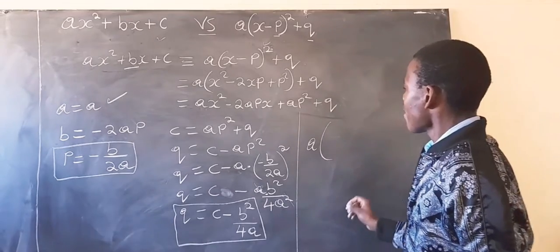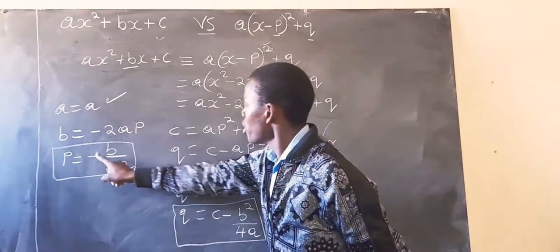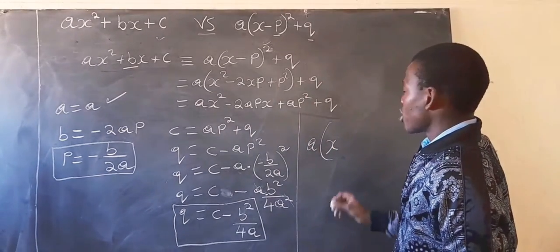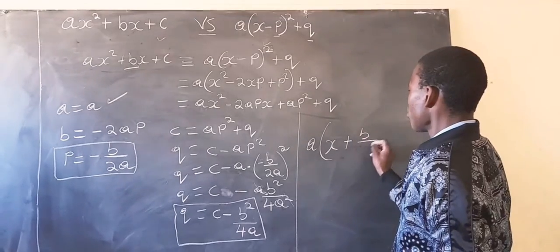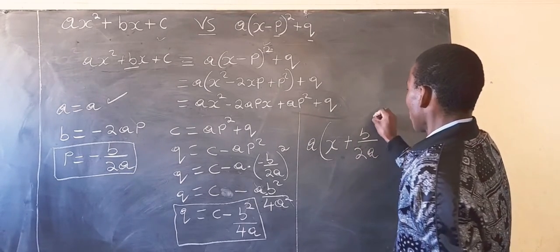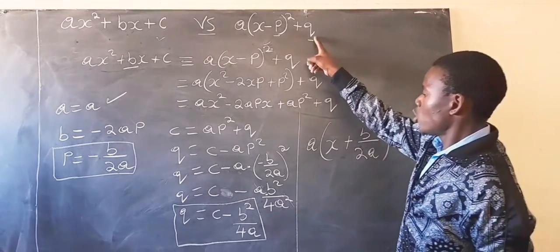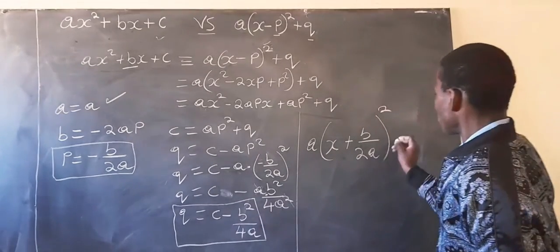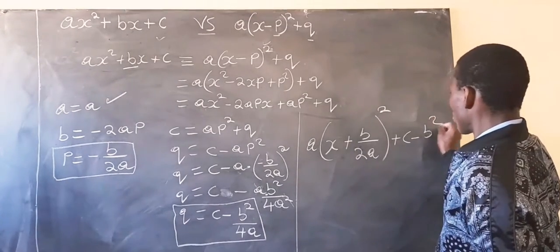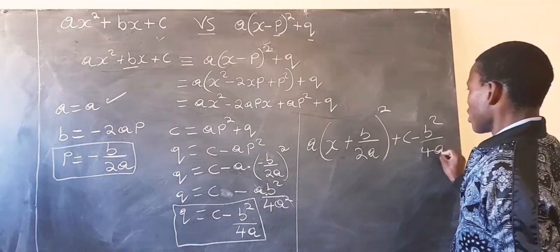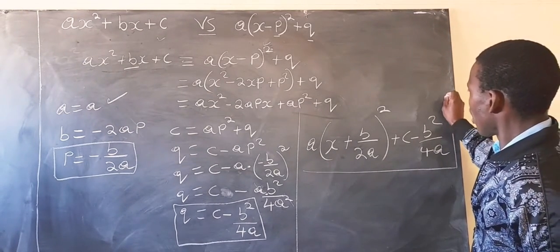You have a into x minus p, then your p is minus b over 2a, so minus and minus, you're going to have plus b over 2a, then all brackets squared, then plus q, and your q happens to be this, so you have plus c minus b squared over 4a. So now you don't have any q, you don't have any p.